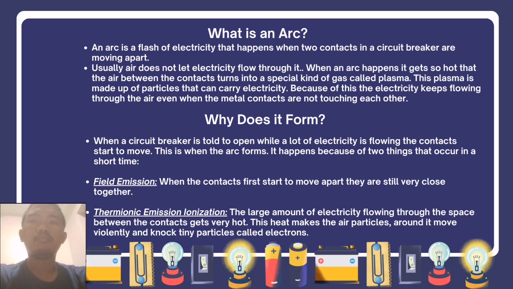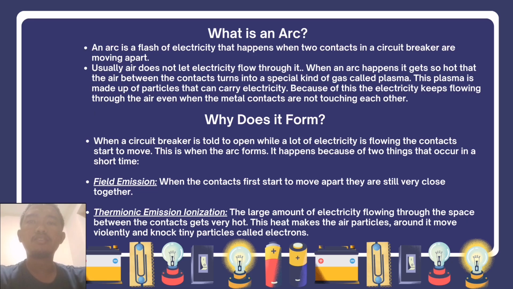Why does it form? When a circuit breaker is told to open while a lot of electricity is flowing, the contact starts to move. This is when the arc forms. It happens because of two things that occur in a short time. Field emission.